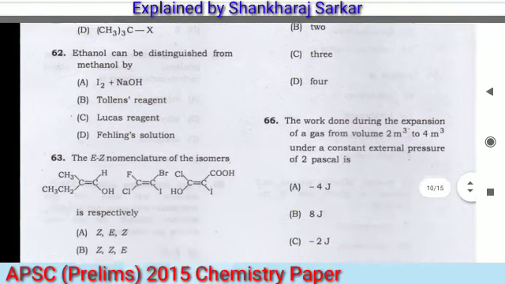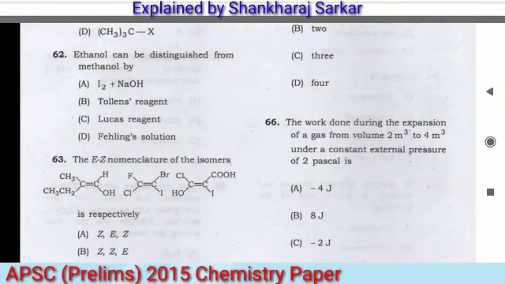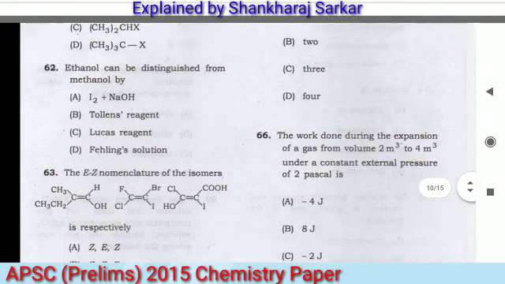Next question, ethanol can be distinguished from methanol by. So four options are given. Out of this, B and D, Tollens reagent and Fehling's solution are reagents which can be used to distinguish aldehyde or ketone. So these two cannot be the answer. Next, option C, Lucas reagent.